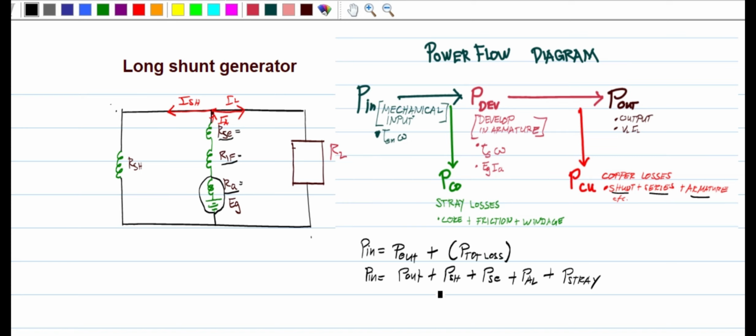Now what is missing is to find PSH, PSE, and the armature loss, so we have to find IA.